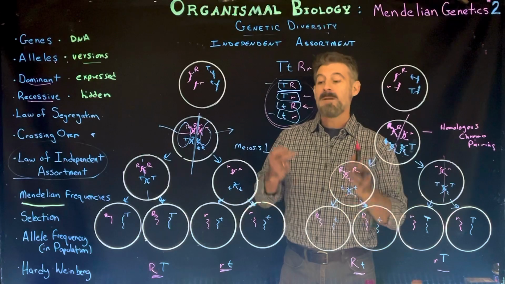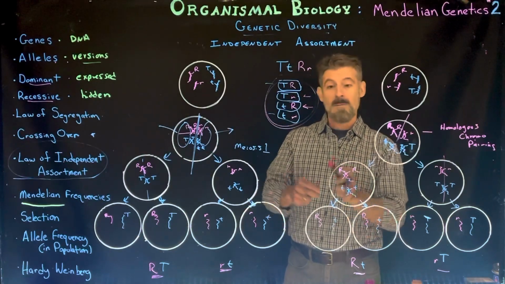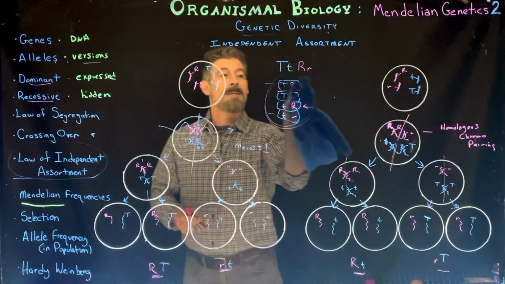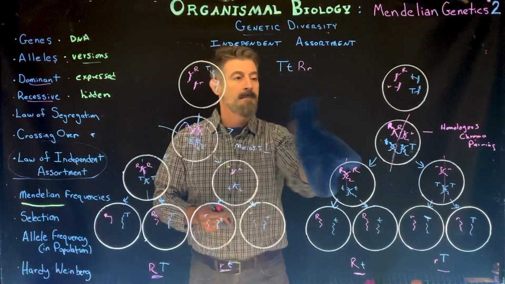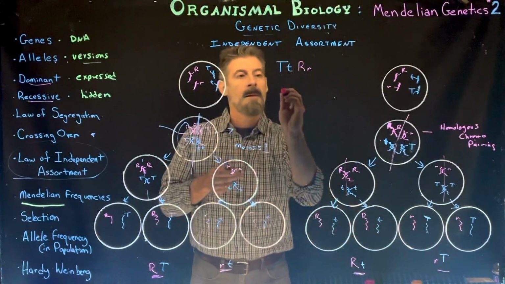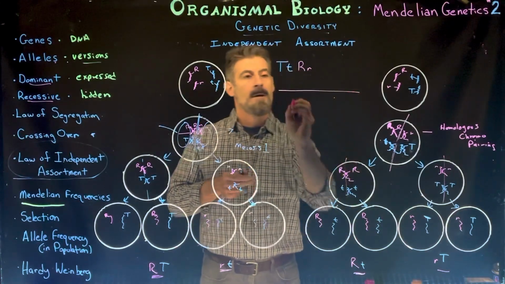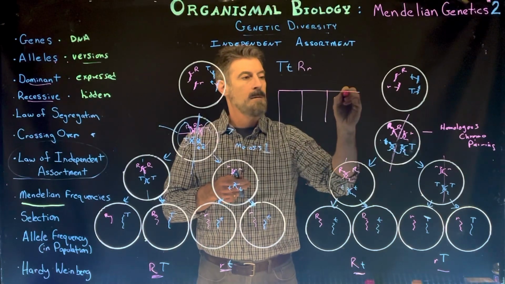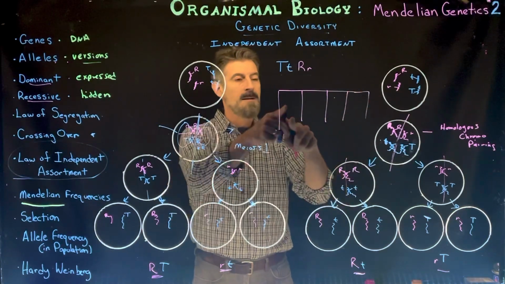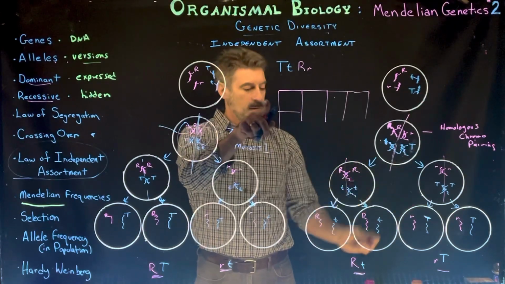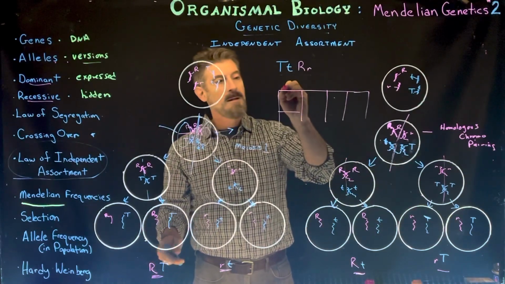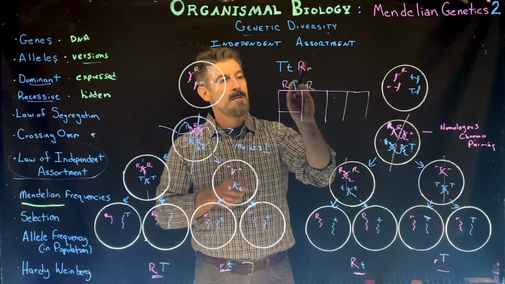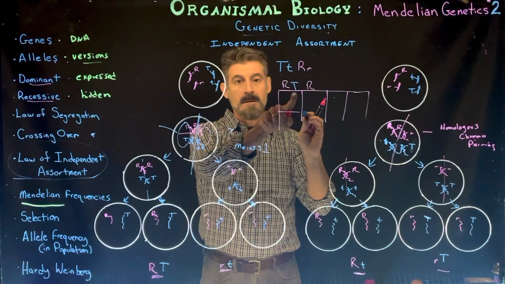And that way, when we do the test cross and do that Punnett square, I'll just do a super quick little thing here. When we do that Punnett square and we assign these four possibilities, one possibility is having the red and the tall.